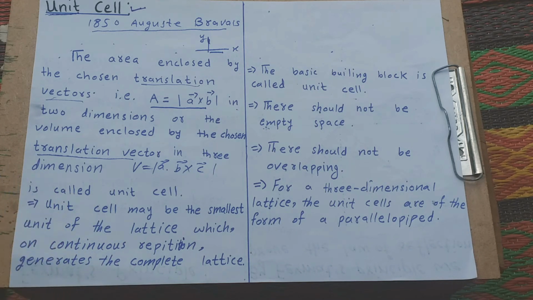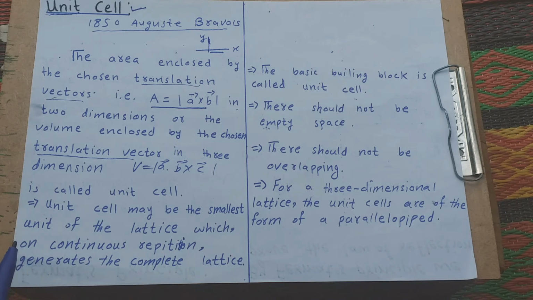The unit cell is the building block. The basic building block is called the unit cell, and the building blocks of unit cells are known as crystal lattice. The unit cell may be the smallest unit of the lattice, which on continuous repetition generates the complete lattice.